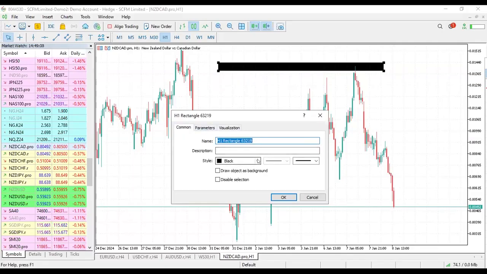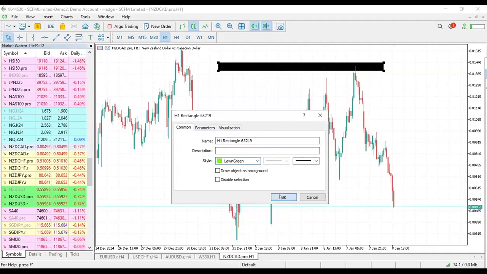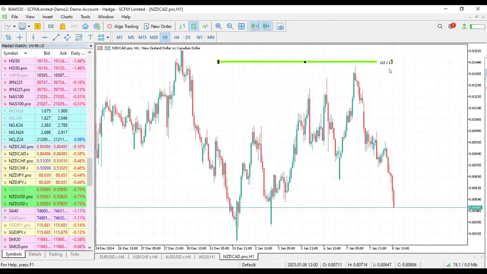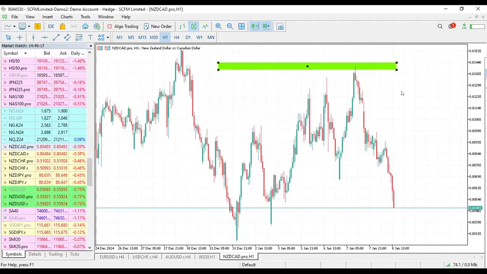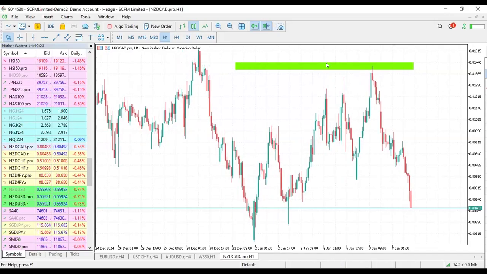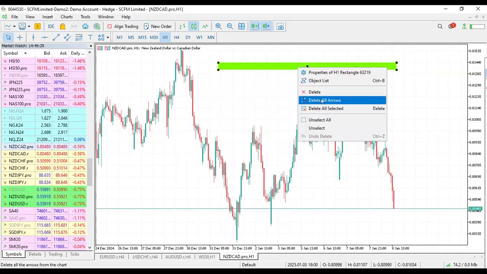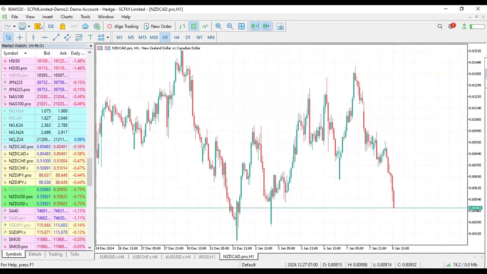You come to common node parameters, then you can change color. For example, you can choose any color we want, like right there I've already chosen a green color. So you can have it however you want. If you want to delete it, you just right click on it and then click delete to remove.